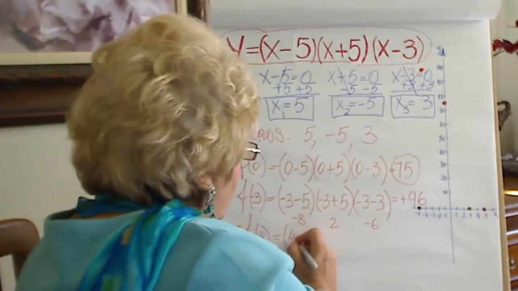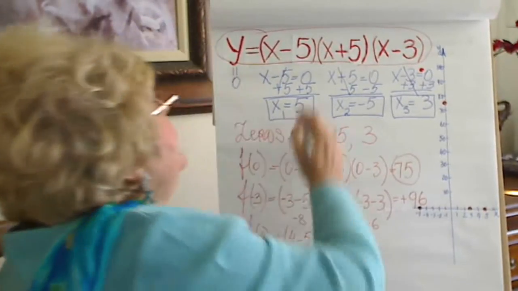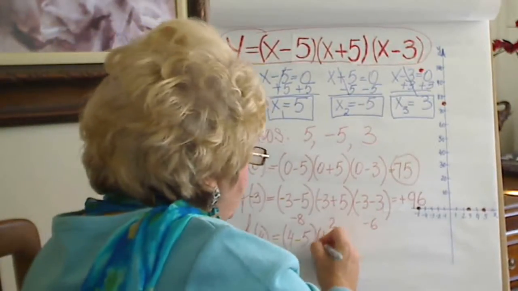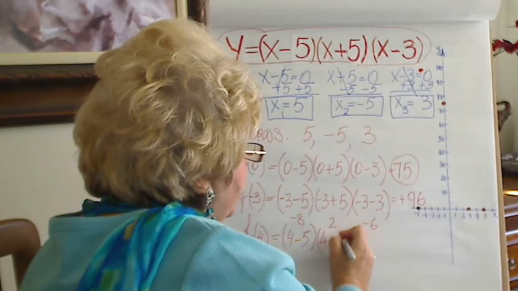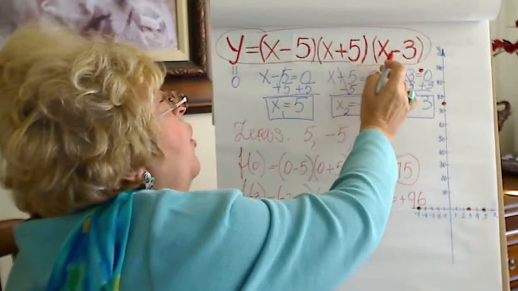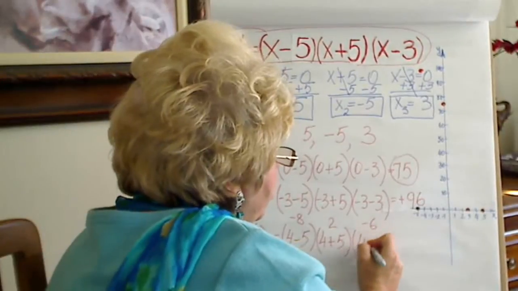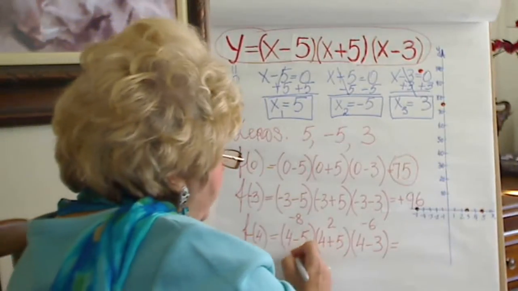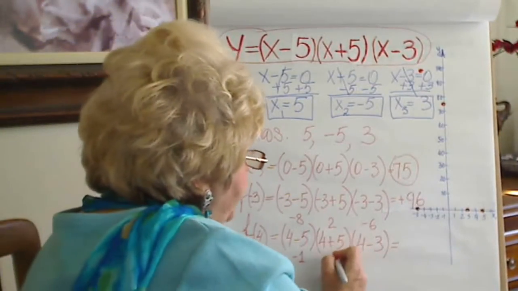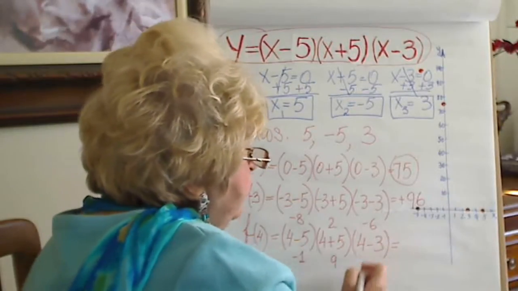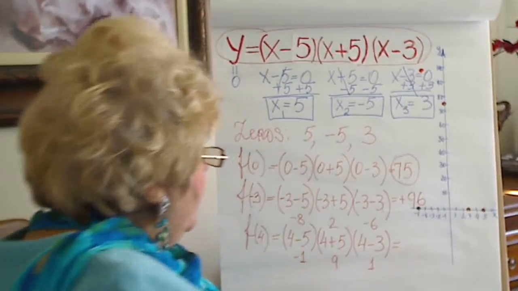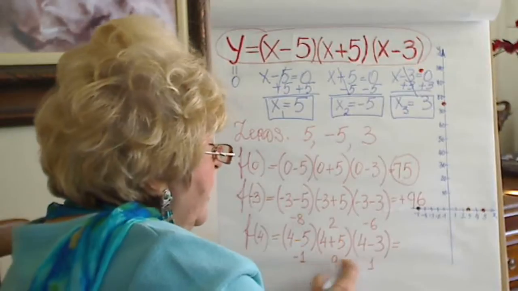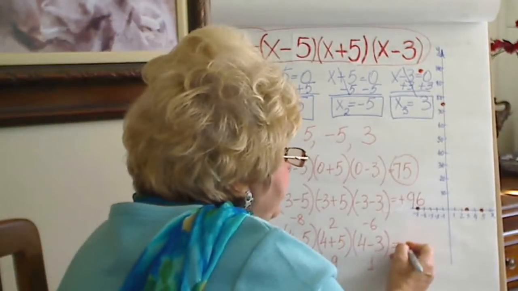So 4 minus 5 times 4 plus 5 times 4 minus 3. 4 minus 5, negative 1. 4 plus 5, 9. And 4 minus 3, 1. So we have negative 1 times 9, negative 9, and times 1, it will be negative 9.